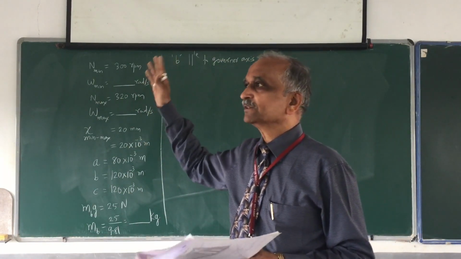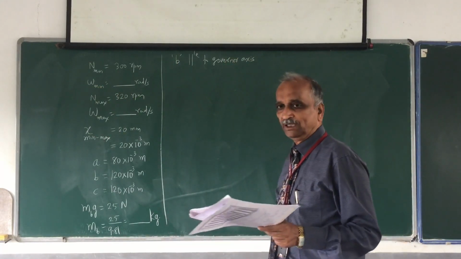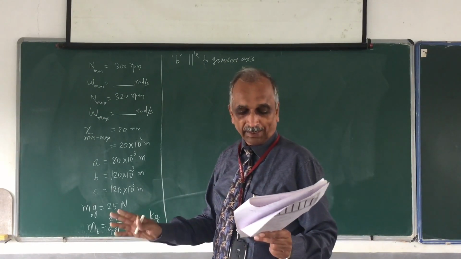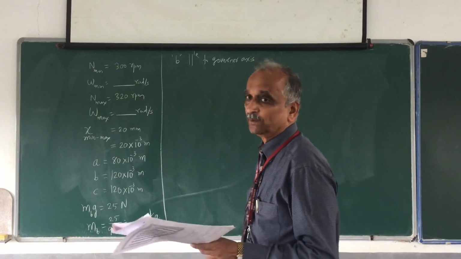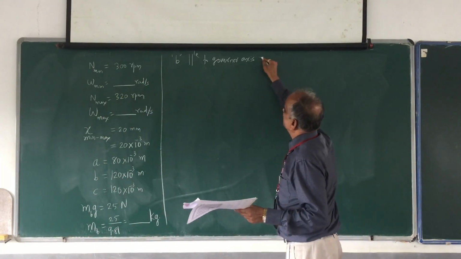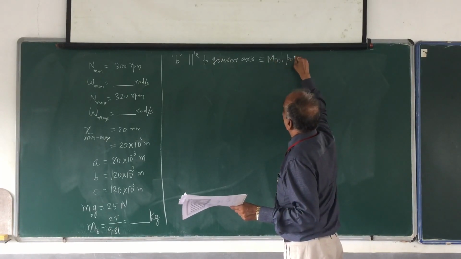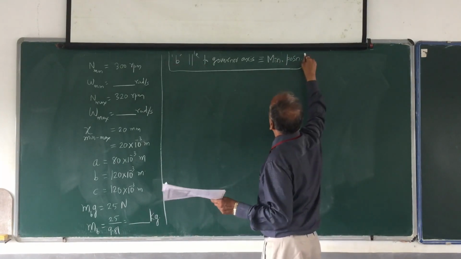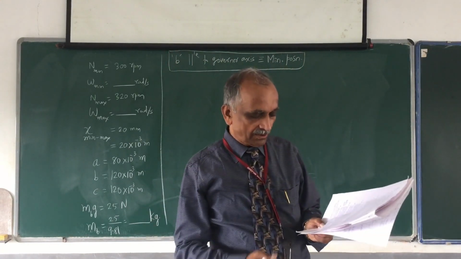If the ball arms are parallel to the spindle axis, then we call that position the mean position. But here it says the ball arms are parallel to the governor axis at the lowest equilibrium speed. Okay, so this is for the minimum position. For the minimum position itself, the ball arms are parallel to the governor axis.